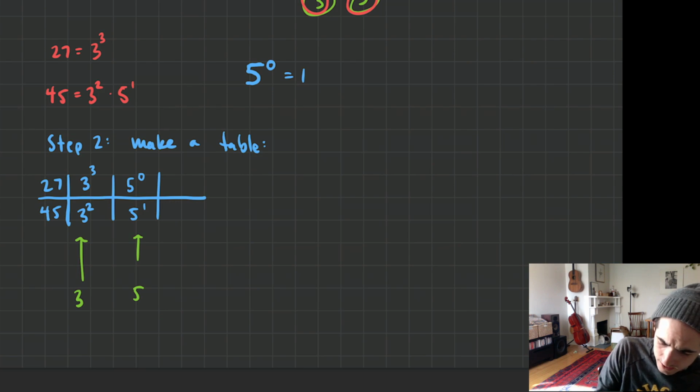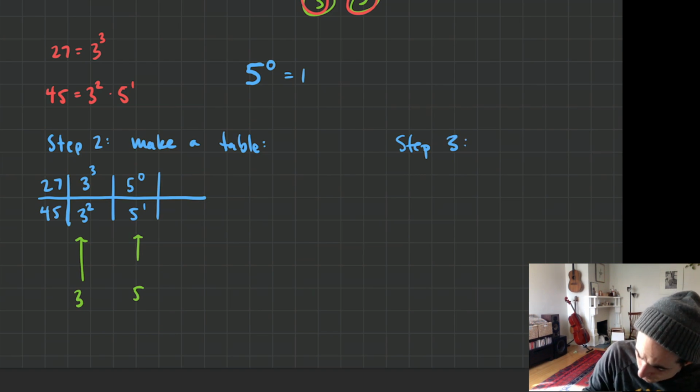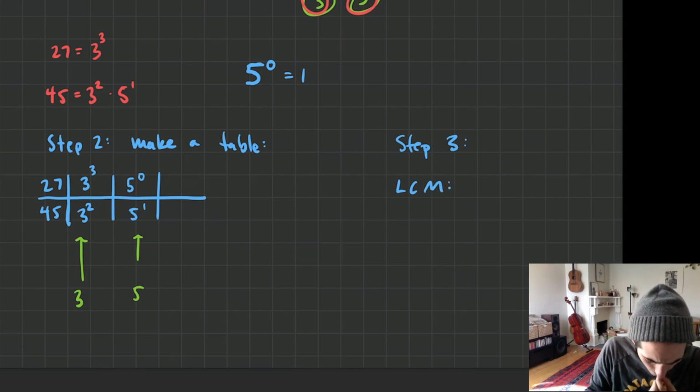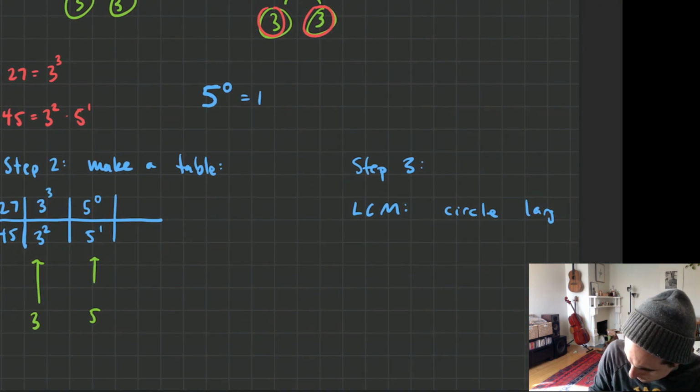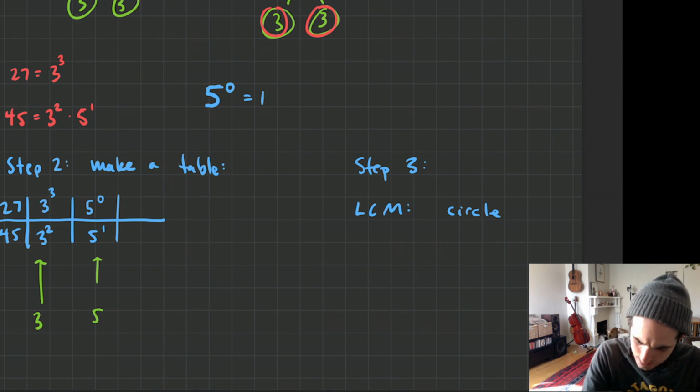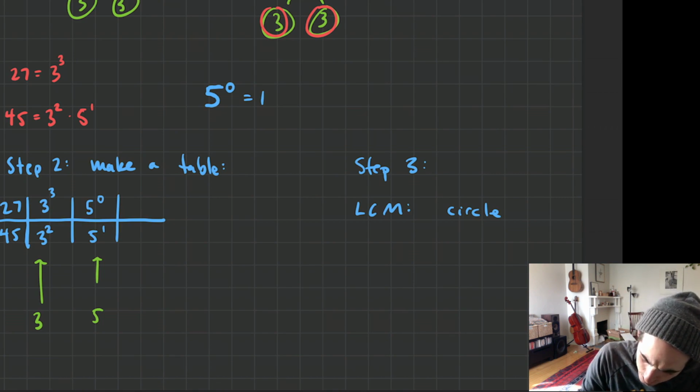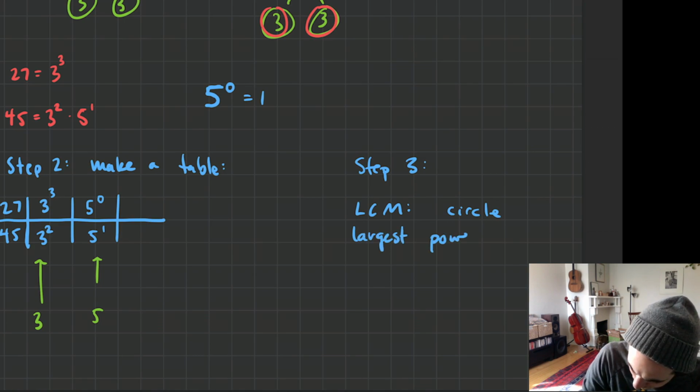Now we've made our table. Step 3: if we want to look for the LCM, what we want to do is circle the largest power in each column.